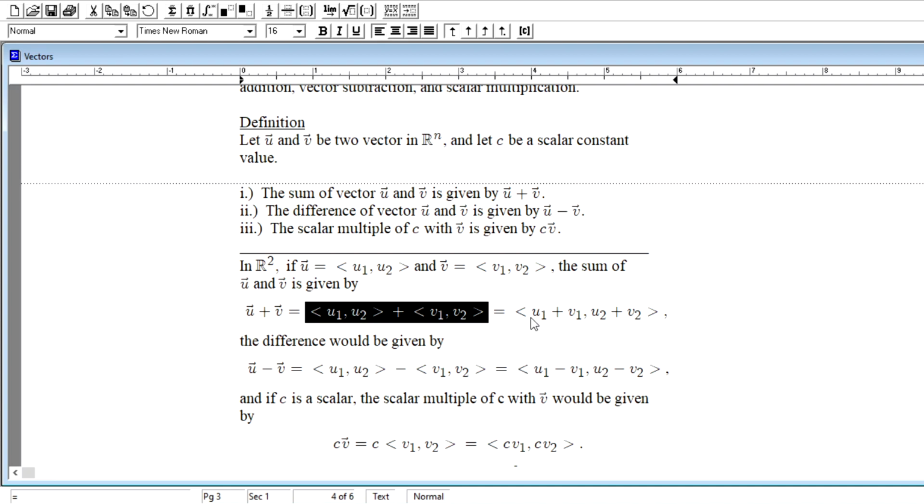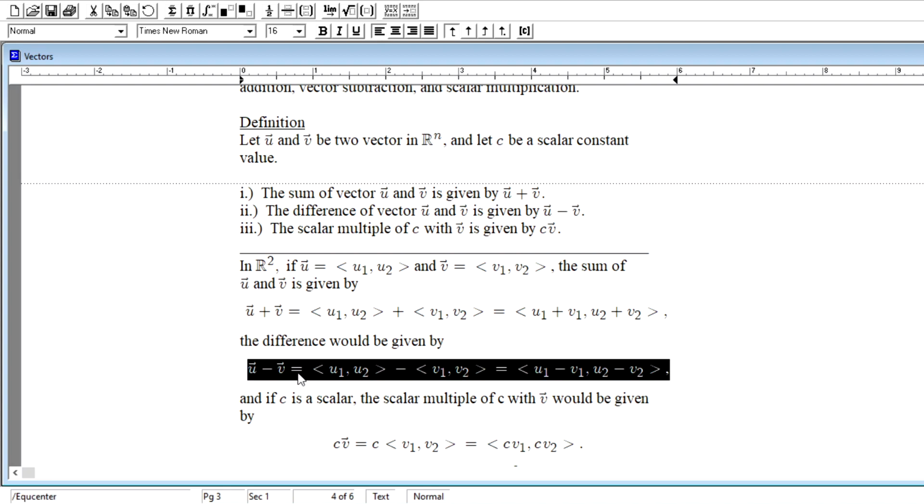In the case of addition of two vectors, all we do is add up the components of each vector. The first component in the sum will be the sum of the first components in each of the vectors found in the two terms of that summation. And the second component in our sum will be the sum of the second components found in the two terms of this vector summation.